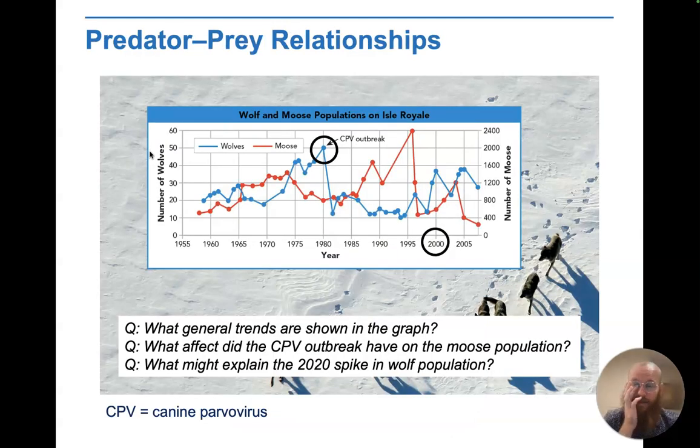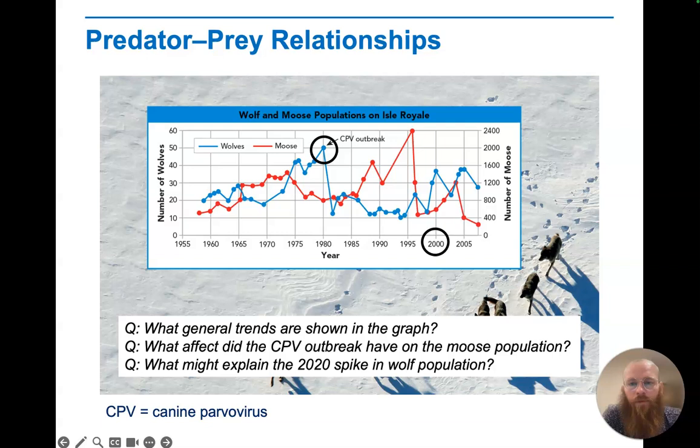And the next density-dependent limiting factor is all about predation, or the predator-prey relationships within environments. Now, this graph is a very, very important graph in this conversation. And so I want to make sure that I identify some really key parts to this so that we can understand what's happening.